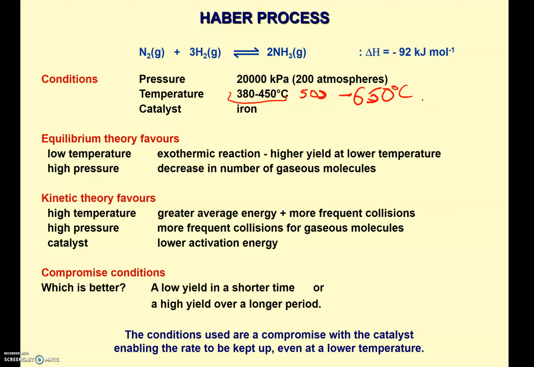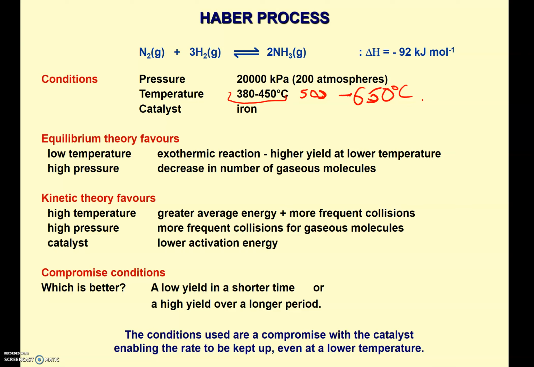What really happens is that they come up with a compromise temperature, one that partly satisfies the equilibrium theory and also the kinetic theory. You're not going to have a situation where you favour both 100%, so they come to conditions that go along with both of them a little bit and give a good result that is viable both for production and economically. In industrial chemistry, a lot of what drives it is the cost of things.